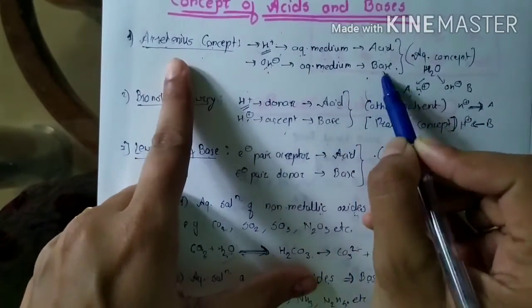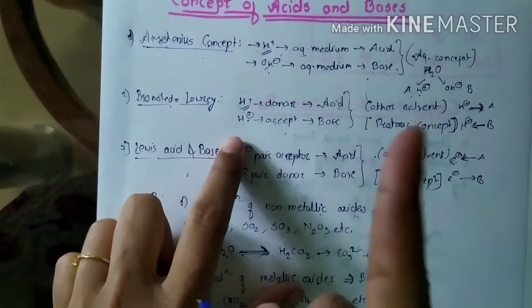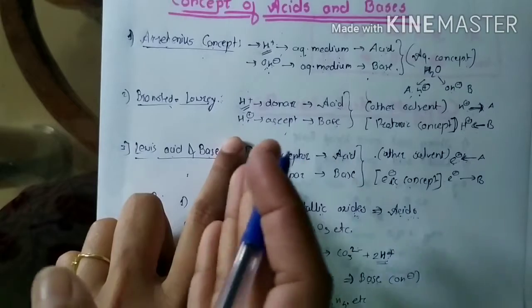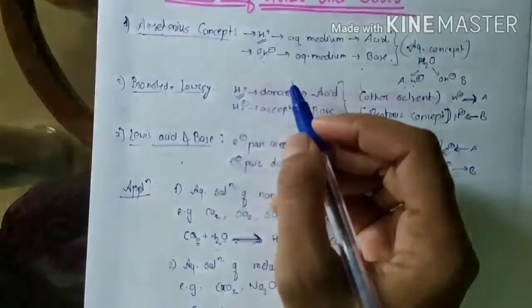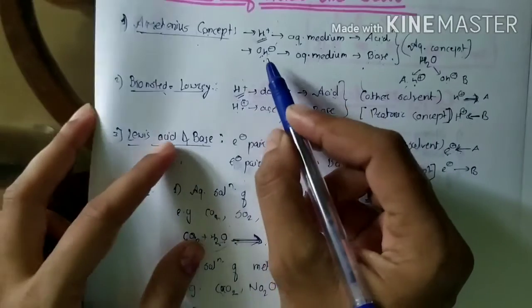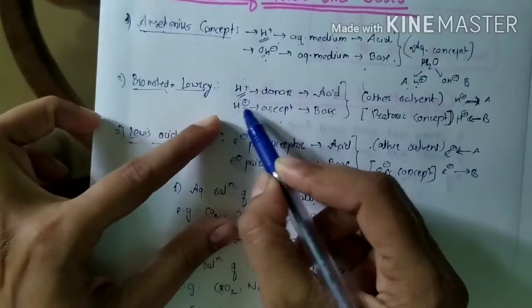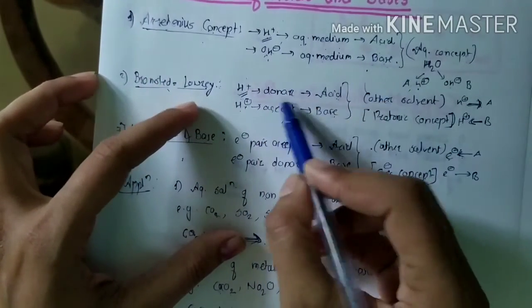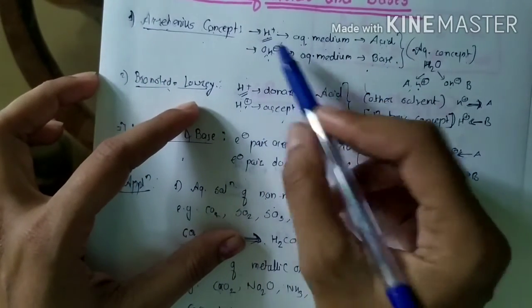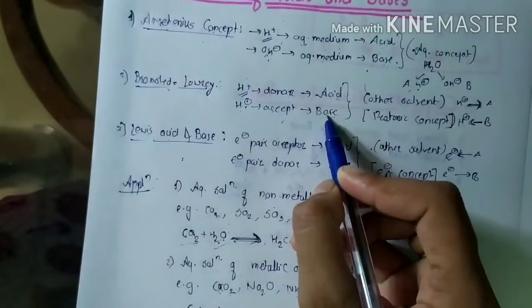But the Arrhenius concept of base and the Bronsted-Lowry concept of base don't depend on only one ion, that means not only on a cation or anion. The Arrhenius concept depends on the OH minus ion and Bronsted-Lowry depends on the H plus ion, and that's why all Arrhenius acids act as Bronsted-Lowry acids, but all Arrhenius bases can't act as Bronsted-Lowry bases. So this is the difference between these two.